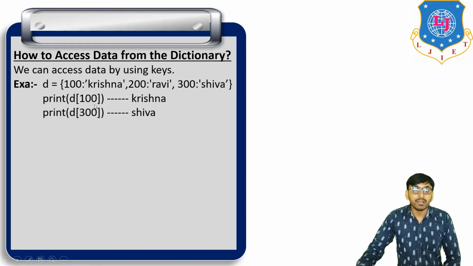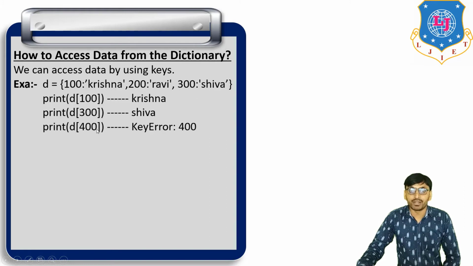Now the second one, print D of 300. The value corresponding to the 300 key is Shiva here. Then print D of 400, but the 400 key is not present in the dictionary, so we get a key error.